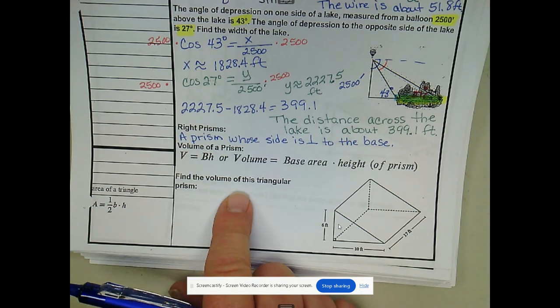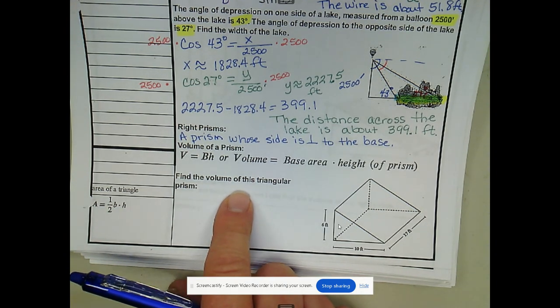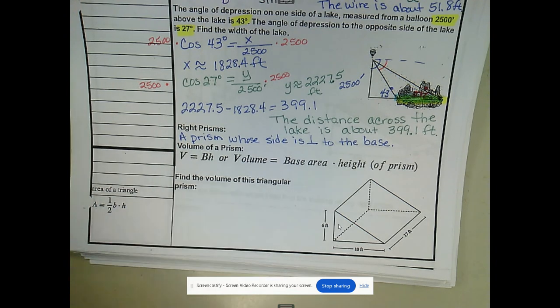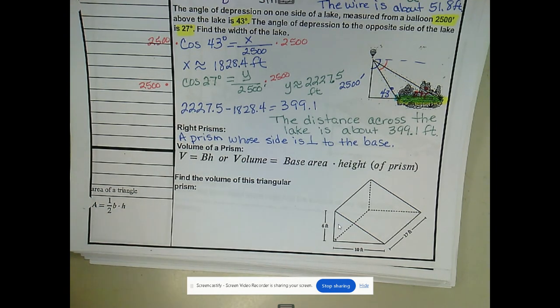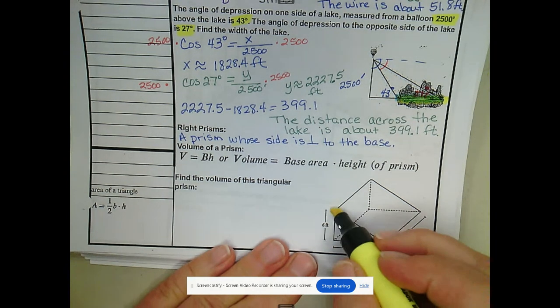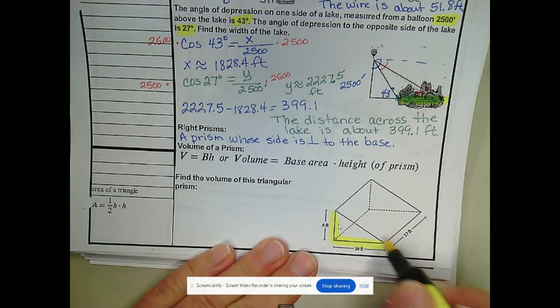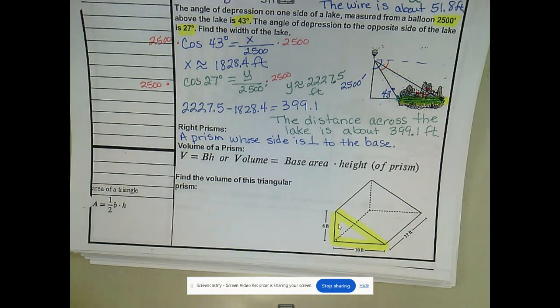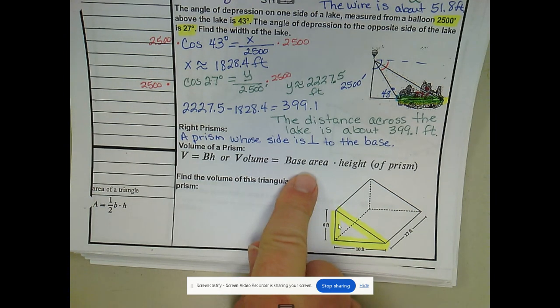So when you get ready to find the volume of this triangular prism, triangular tells us what the base should look like. There's your triangle. Step 1, find the area of the base.